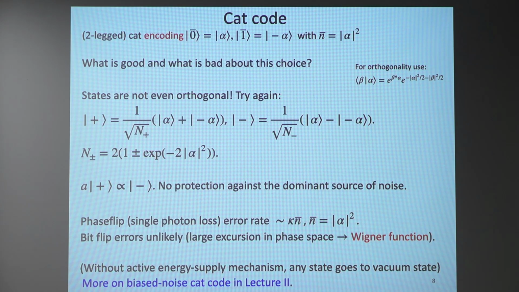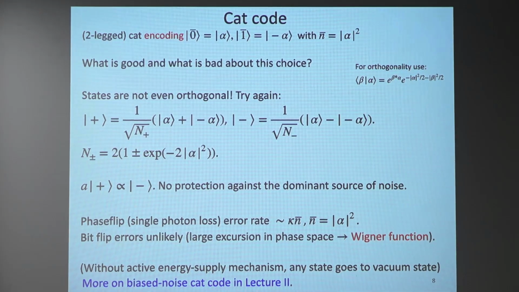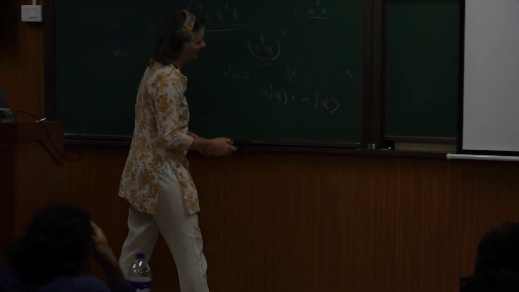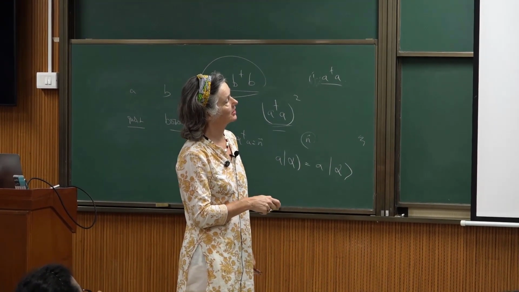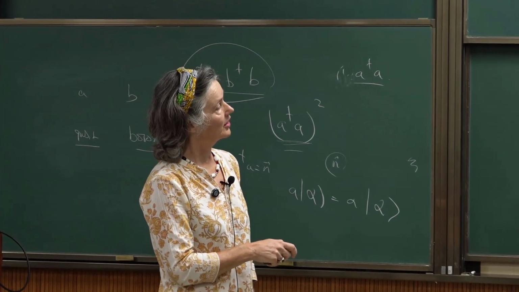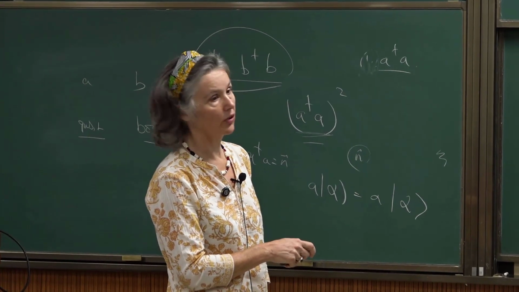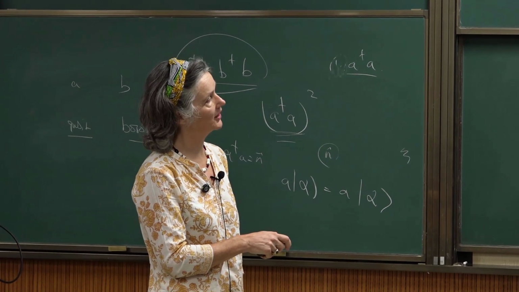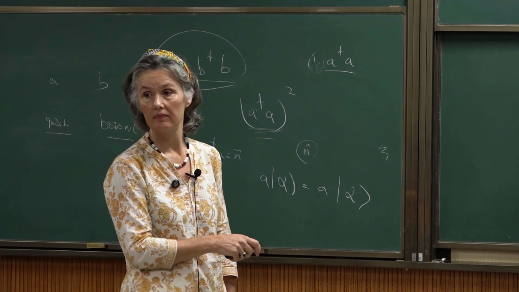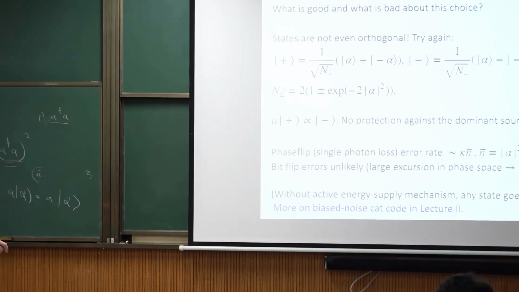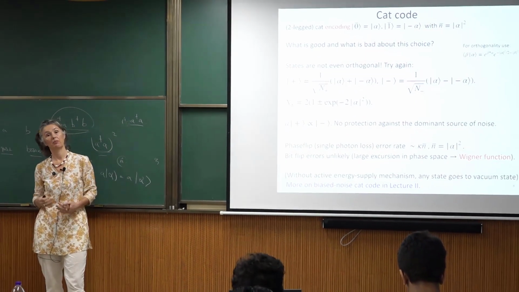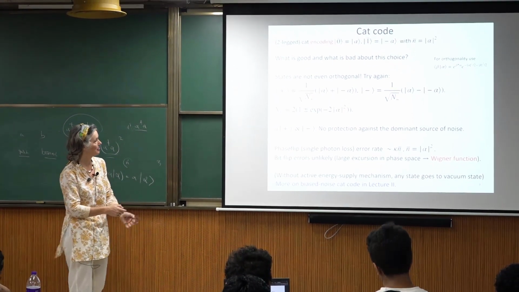Just write it down, this is something you can verify. Therefore, if I apply this on plus, there's an overall alpha I can push out, but this plus sign will flip to a minus sign. So photon loss immediately has a logical action. It puts plus into minus.